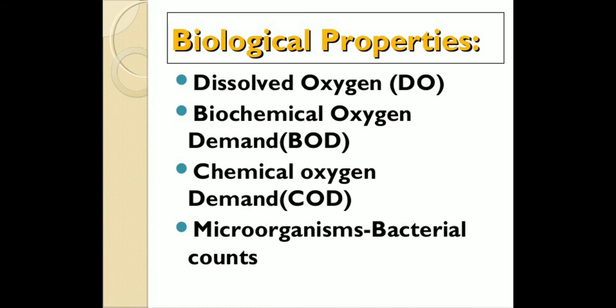Then we discussed biological properties. In that we discussed all these points. Point number 1 is dissolved oxygen, DO, its definition and its explanation. Then we discussed biochemical oxygen demand, BOD. Then we discussed chemical oxygen demand, COD.